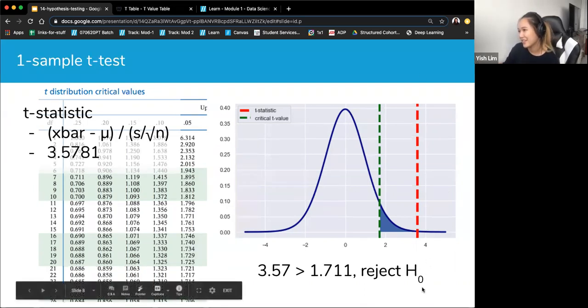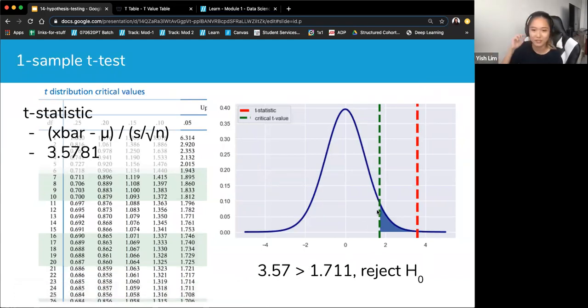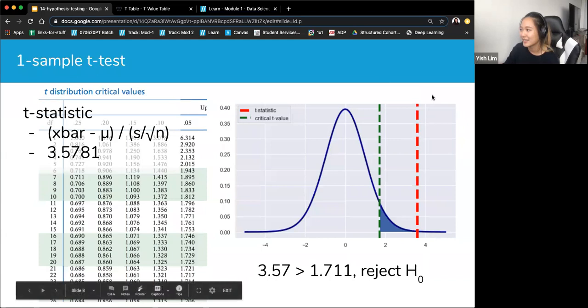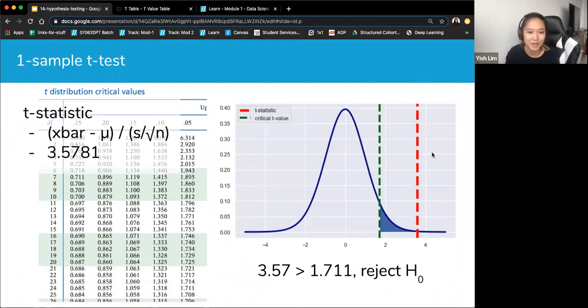And this red line is 3.57, which is way right of the critical t-value. Therefore, the t-statistic being greater than 1.711, we can safely reject our null hypothesis. And so that training really worked.